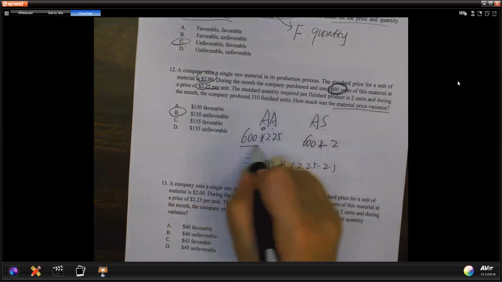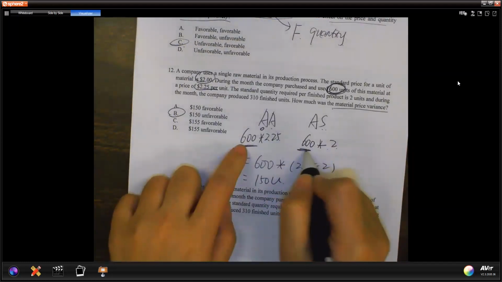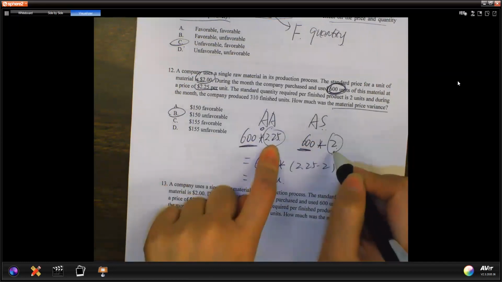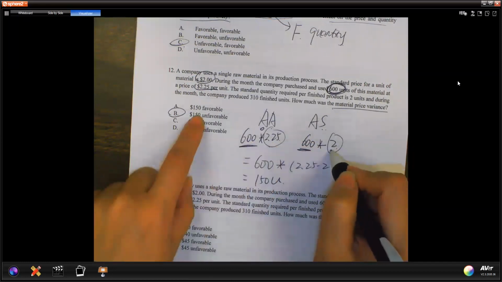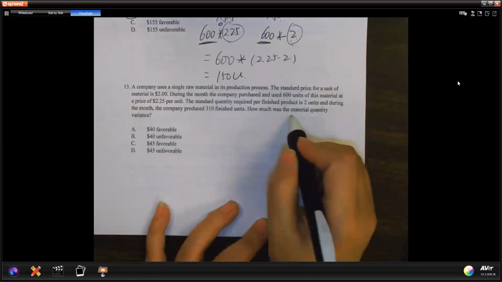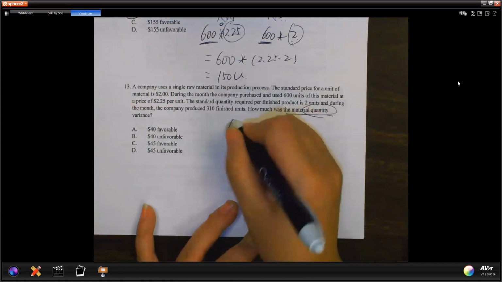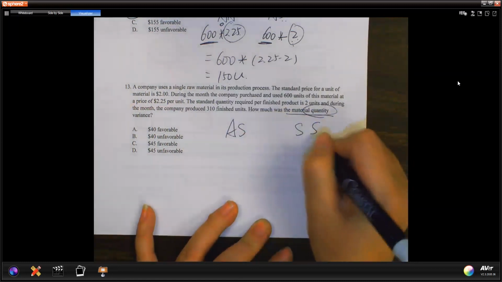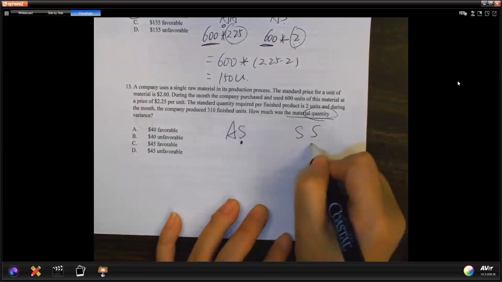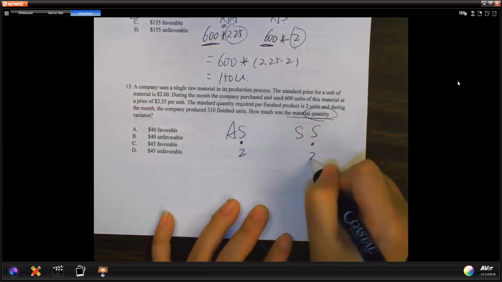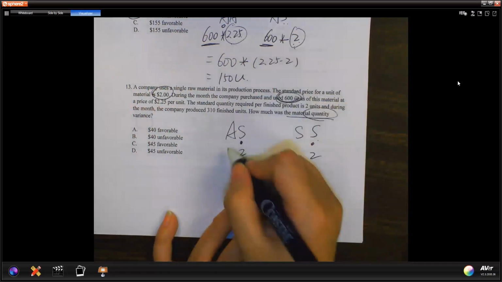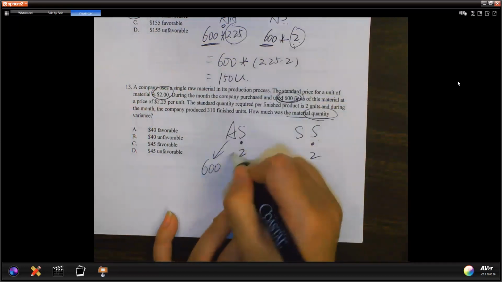So this is how I will do the question if I was in the exam. When you see the units of material, you put the same there. Actual price, budgeted price, actual price is more, so it definitely will be unfavorable. You get this number. Next one, asking about material quantity. Quantity is AS and SS, right? So your standard price is $2, so you just put $2 there. Your actual quantity you use is 600 units.